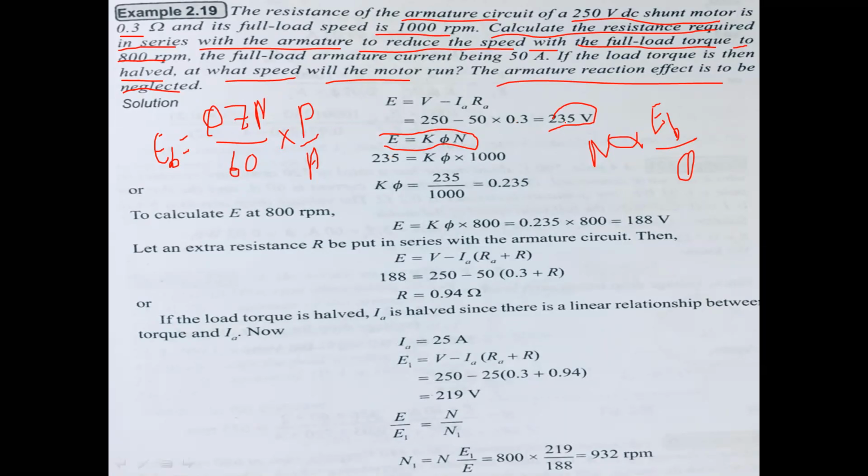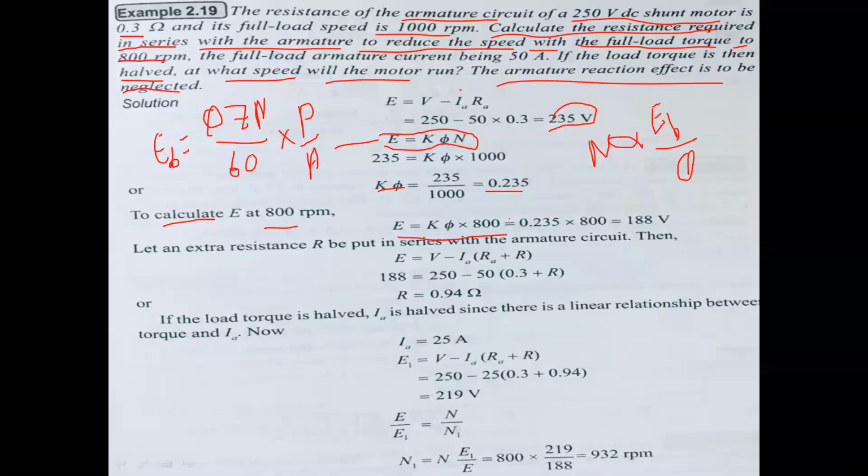The back EMF we know is 235, at speed 1000 rpm. So from this, K phi equals 0.235. Now we need to calculate the E value at 800 rpm, because speed is reduced from 1000 rpm to 800 rpm.